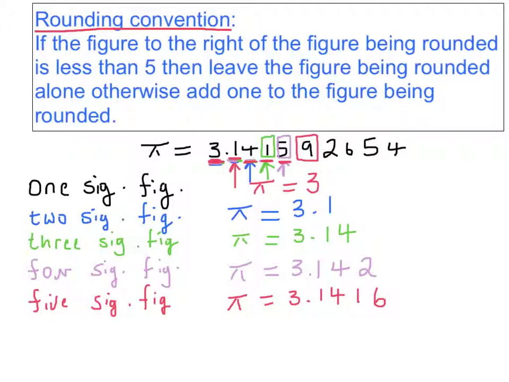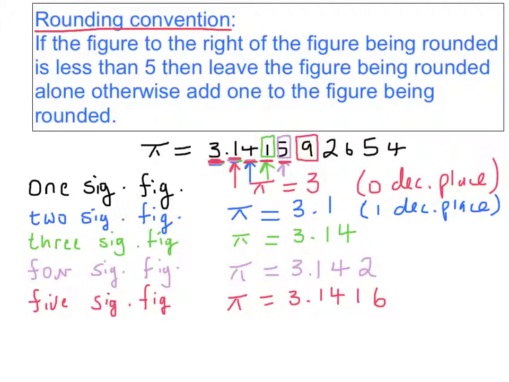The good news is that the rounding convention is the same whether we're rounding to so many significant figures or so many decimal places. So when we rounded to one sig fig and got pi is equal to 3, that's the same thing as rounding to no decimal place. Pi equal to 3.1 is the number rounded to 1 decimal place.